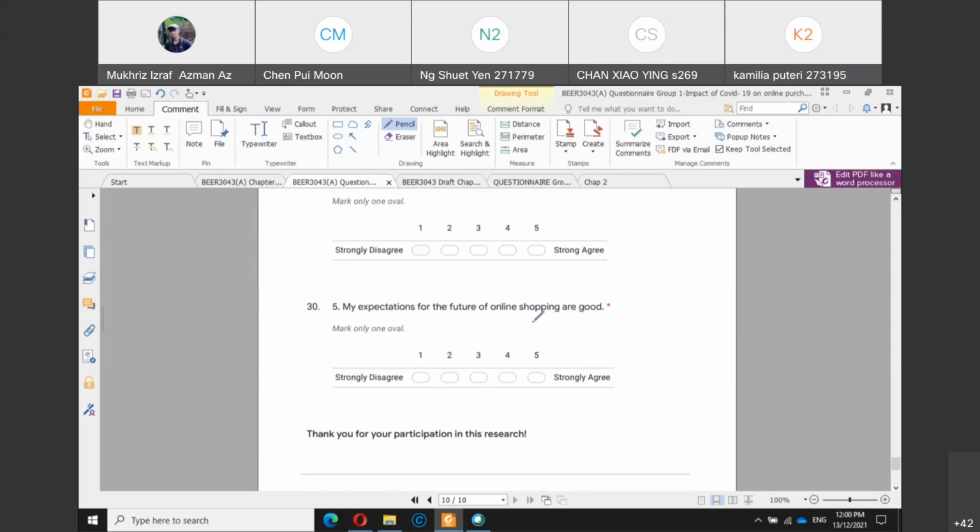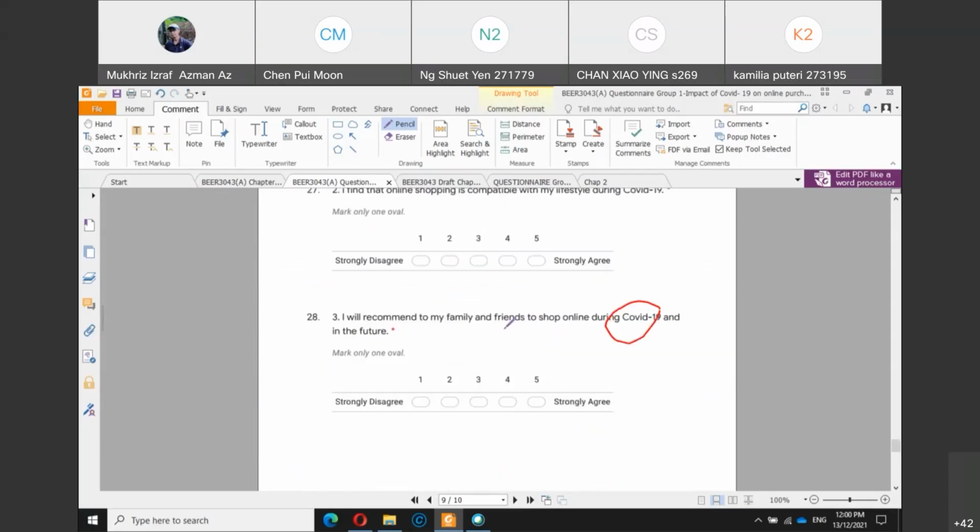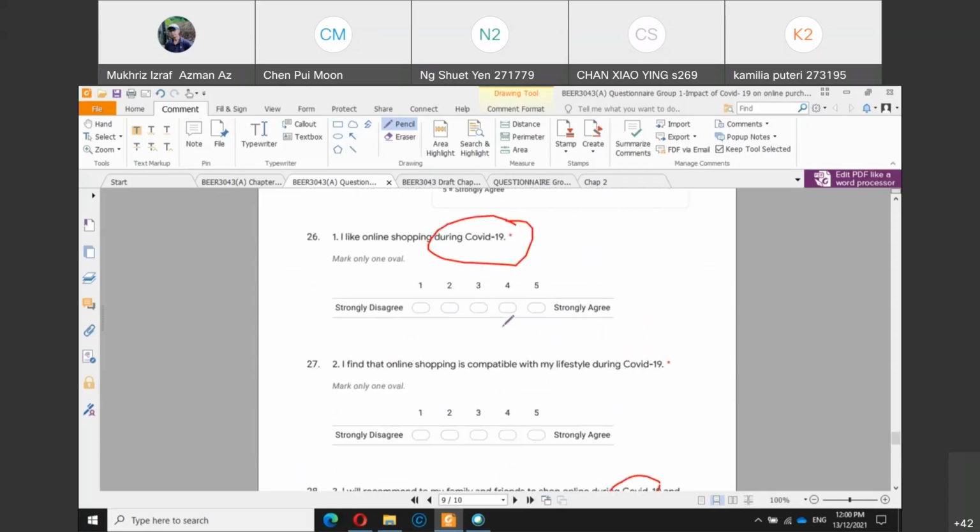But if the question is not accurately presented, meaning it does not match what you want to actually measure, then the answer you get cannot be used to answer your research questions and research objective. So that is for group 1.